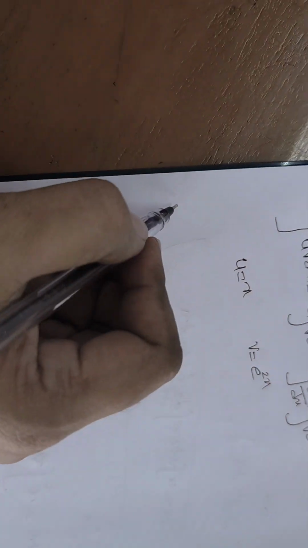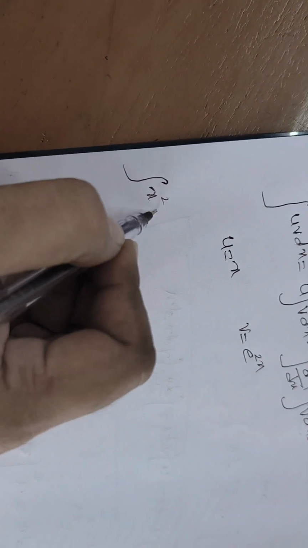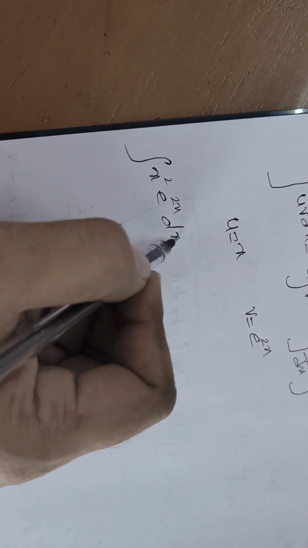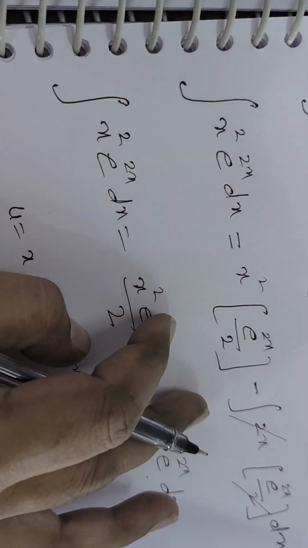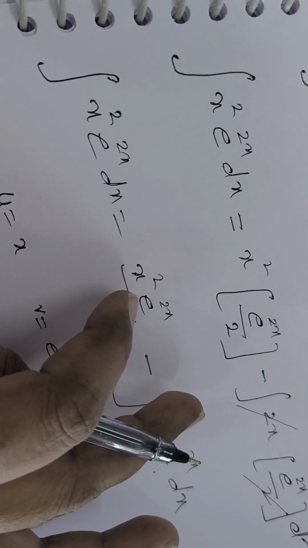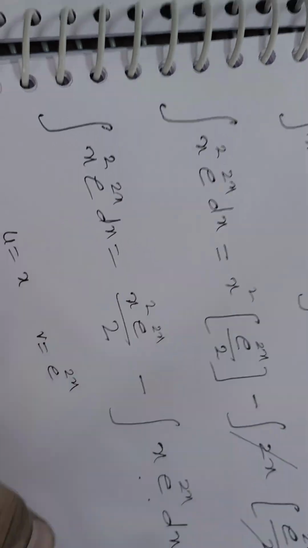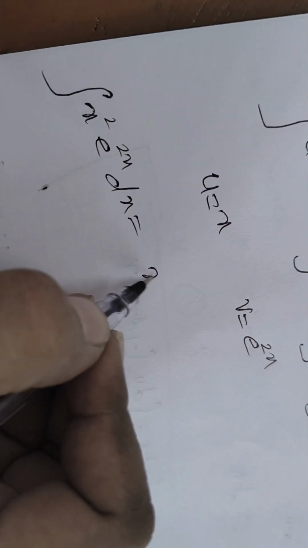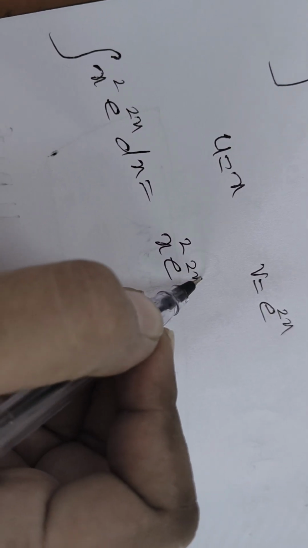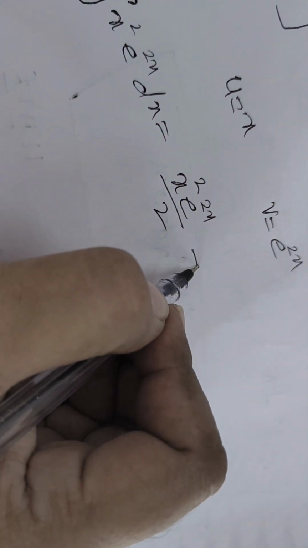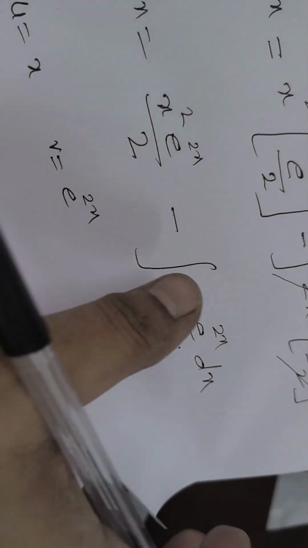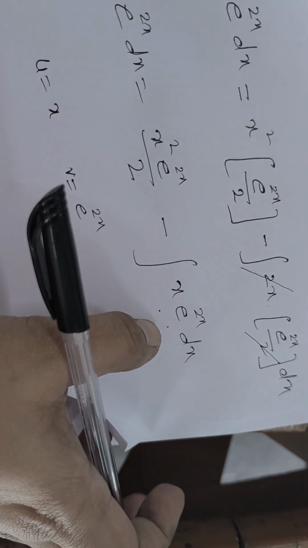The given question is x square e to the power of 2x dx is equal to the first term, which after integration we got as x square e to the power of 2x by 2. We write this term as it is, keeping the minus sign as it is. Now we have to integrate this term.